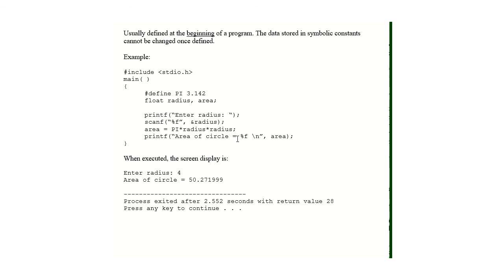Area is floating point, so the format is going to be %f. All this formatting, floating point, integer, and so on, will be in the next chapter. When I execute this program, I enter the radius, and it prints on the screen the area of the circle equal to whatever value is calculated here. Thank you.